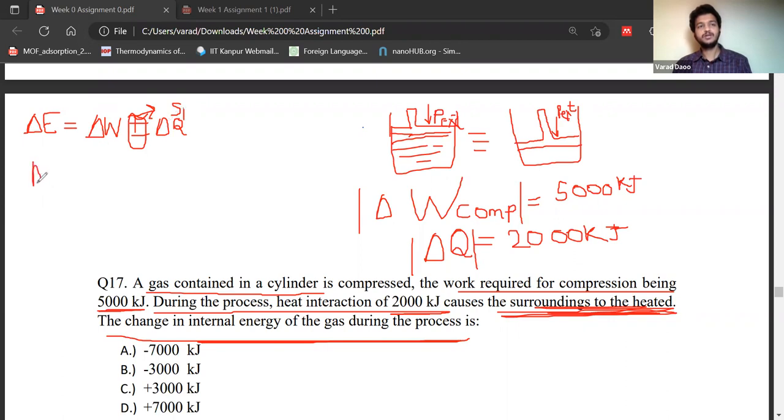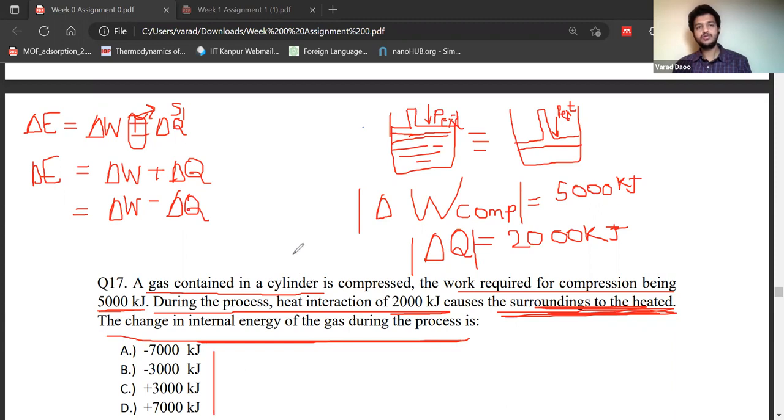Depending on the sign convention, we can have delta E equal to delta W plus delta Q, or delta E equal to delta W minus delta Q. So it all depends on what sign conventions we are using for W and Q.